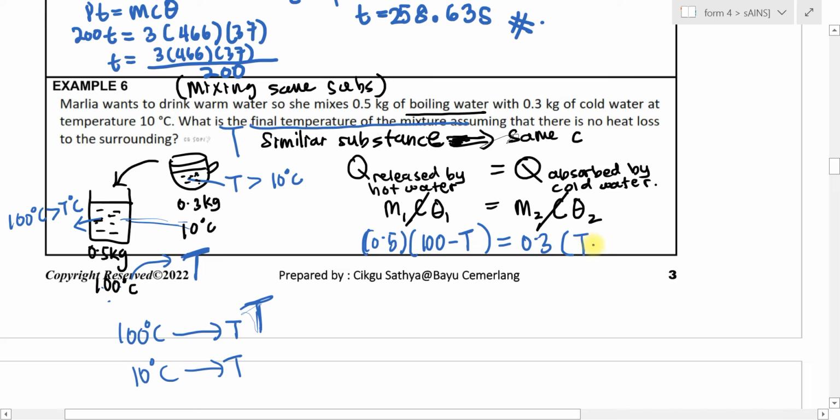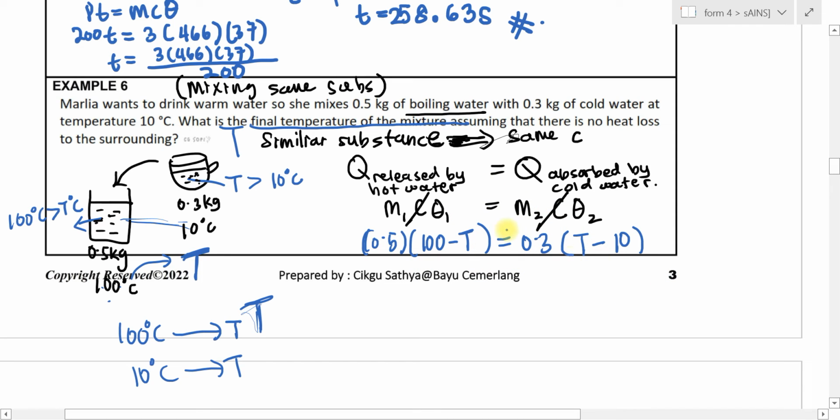So your T minus 10. You faham tak? Faham. Okay, very good. Ramai yang tak boleh faham. Kalau hot water memanglah 100 tu besar, jadi 100 minus T. Kalau cold water tu 10 tu kecil, jadi T tu lagi besar. Jadi kita kena find the final temperature lah.